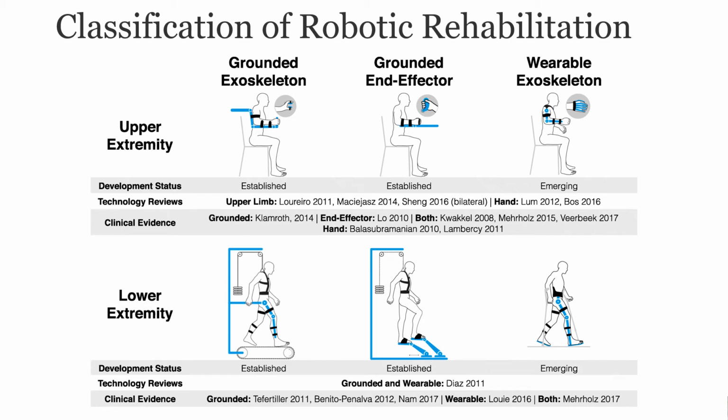The end effector type is again grounded on a machine, and it brings about the effect of the hand performing a particular task. These are all well established, and what is coming out now and becoming established is the wearable exoskeleton. We have that in the upper limb and in the lower limb, as you have seen earlier in the exoskeleton for the lower motor neuron lesion in paraplegics.